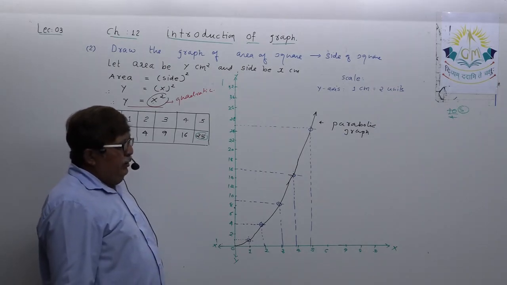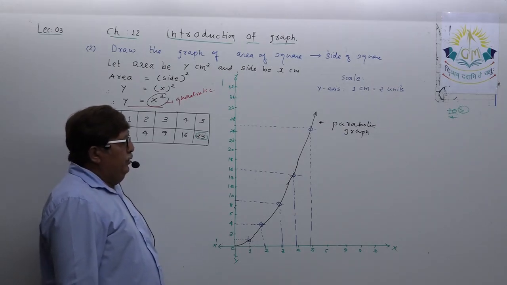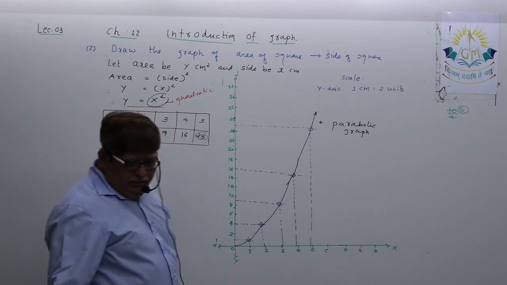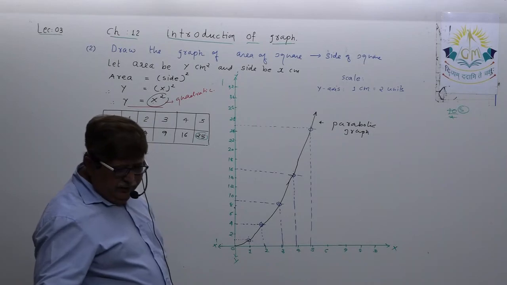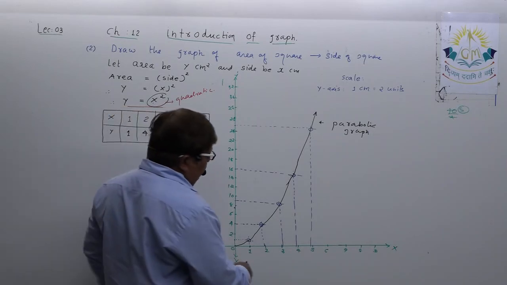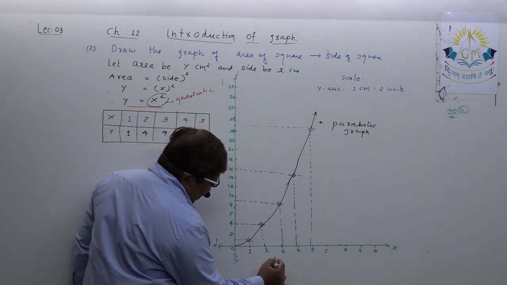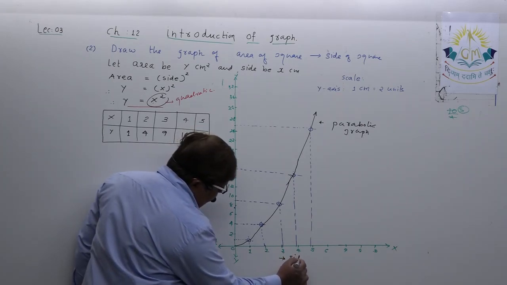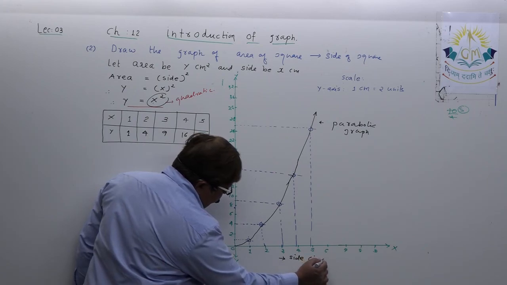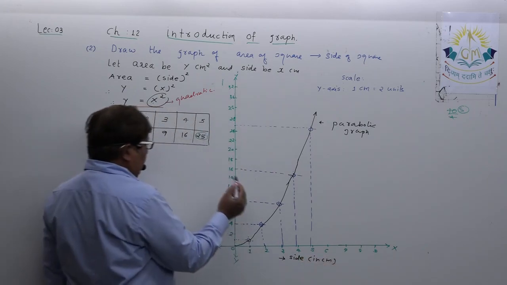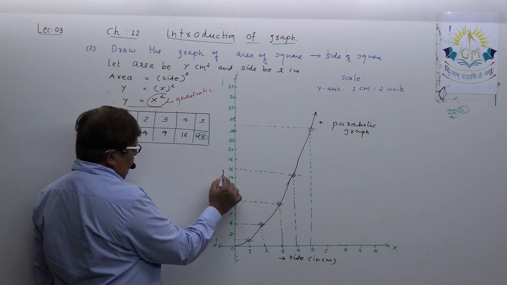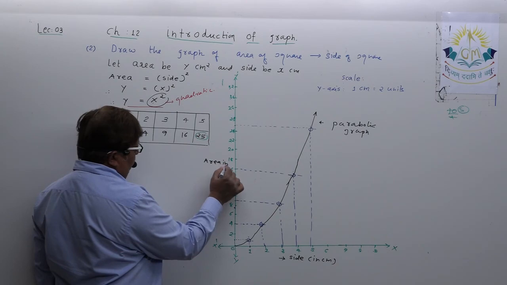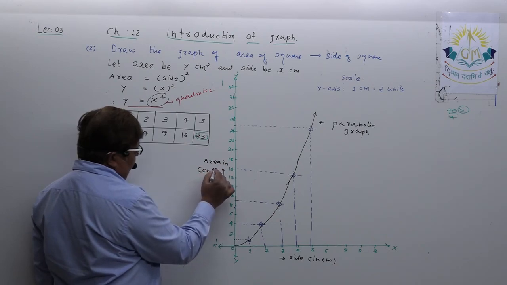Is it clear in your mind, dear student? Be very, very conscious regarding the scale. What you have represented here, what is this? These are measurements of side. So you can write this way by putting an arrow, side in centimeter. Here you can write area in square centimeter.